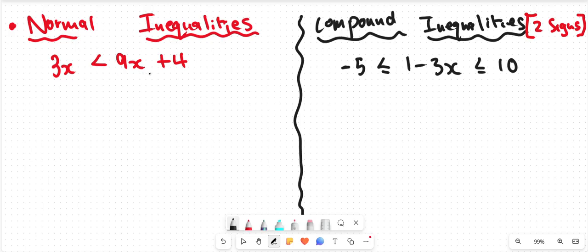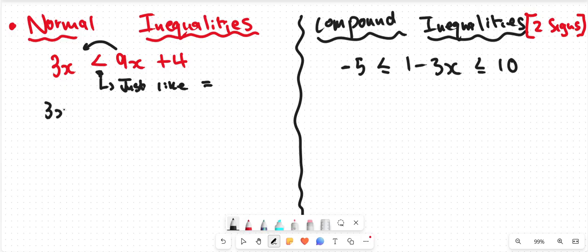So how would I go about solving for x? What I would do is try and isolate the x on one side, so that the inequality sign works just like an equal to sign. When you take things over, just like with an equal to sign, the same thing happens. The sign of that term changes.